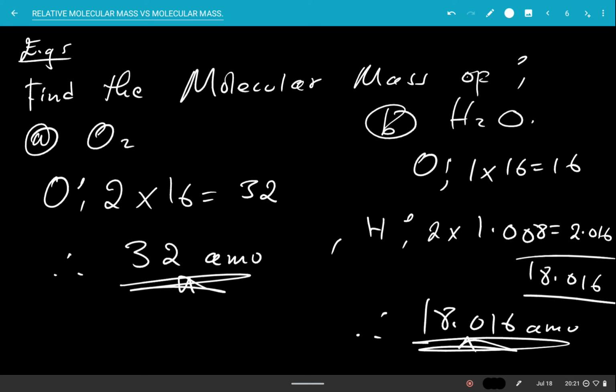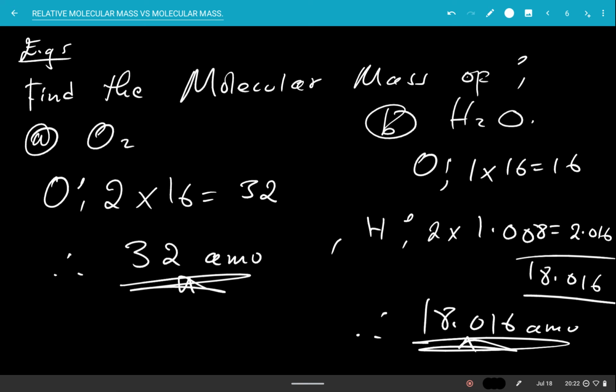So this is basically the same thing. We're applying the same procedure when it comes to relative molecular mass and molecular mass itself. The only difference is that molecular mass will have units, while relative molecular mass considers that of ions and not just a single molecule. That's something you should know, because at times they might ask you to differentiate relative molecular mass from molecular mass, and that's why you have to understand that relative molecular mass looks at ions, because ions have a giant lattice structure.